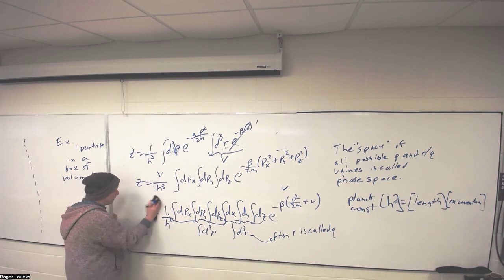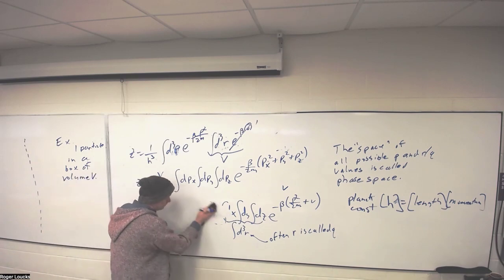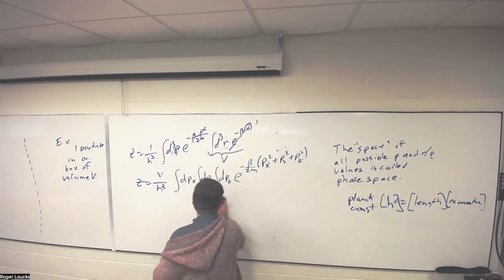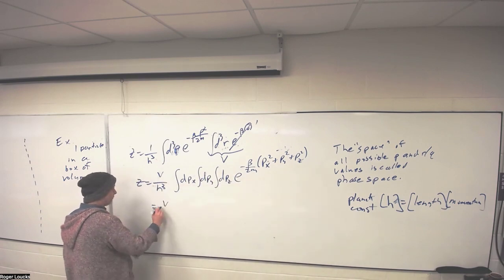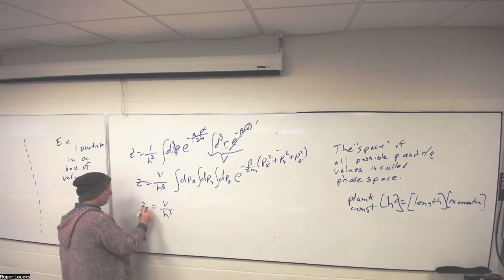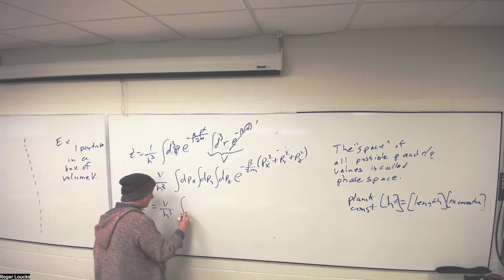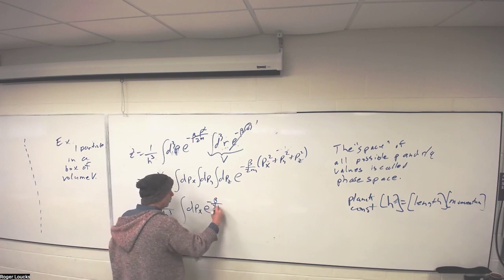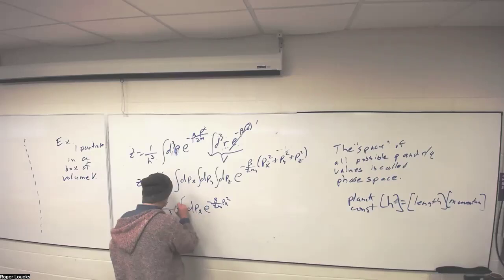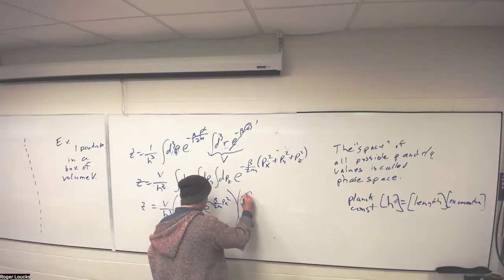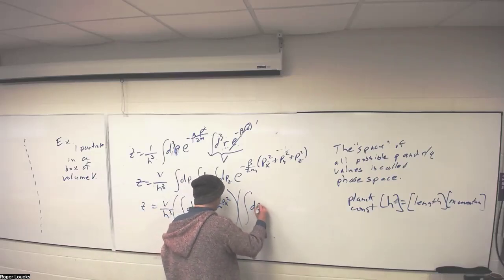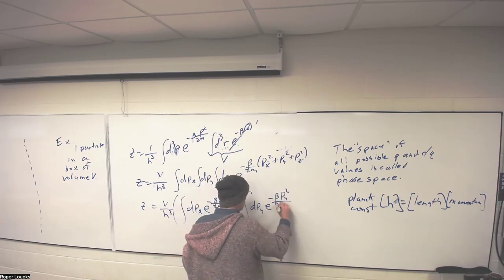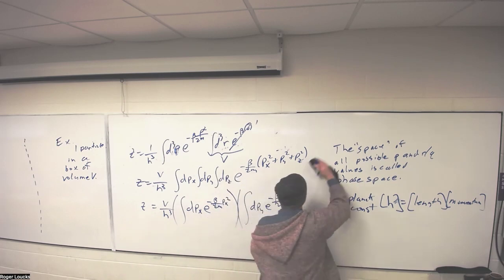And then we said we could rearrange that one more time. So I can write this as V over h cubed, Z. This will factor into a dpx, e to the minus beta over 2m px squared, and that gets multiplied by the other factors, as we did last time.